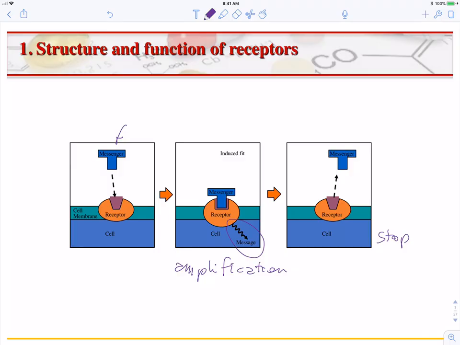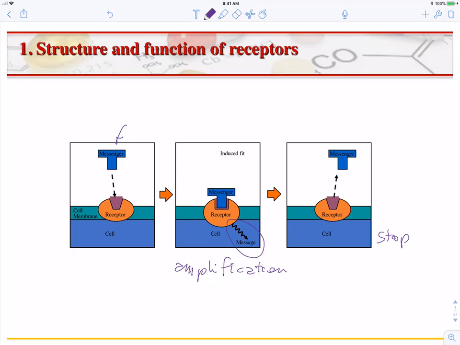For example, binding of a single molecule of growth factor will activate an enzyme kinase intracellularly, which then amplifies the signal by phosphorylating many more proteins.